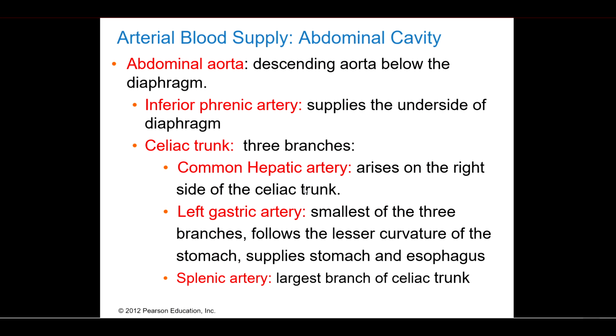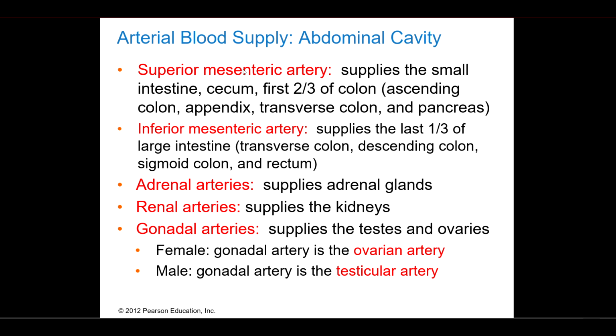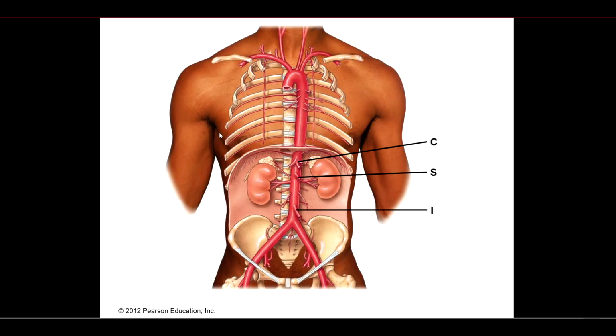Now, the next three blood vessels I want to do together. So in your notes, do me a favor, highlight celiac trunk, highlight superior mesenteric artery, and then highlight inferior mesenteric artery. We're going to do those three together. Watch this. If you've ever watched the TV show CSI, or you're familiar with the police department, they have a crime scene investigation unit.